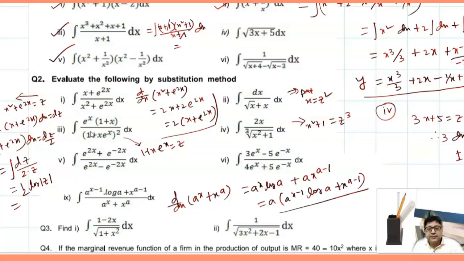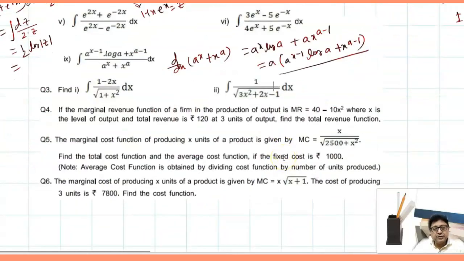Alright. So it is going to be of the form dz by z. So answer is log z. Alright. So sum can be done by substitution, most of it. But this one can give you trouble. Try by putting the denominator equal to z if it works. And these are on standard integral. You can get it easily.